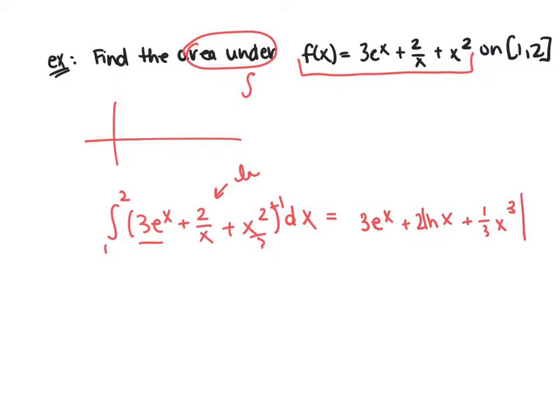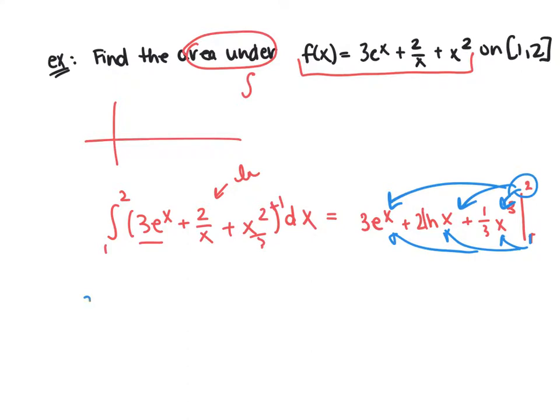And instead of putting plus c, we're going to evaluate this from 1 to 2. We're going to start by taking that value of 2. We will plug in 2 for all of the x's right here. Once we do that, we will plug in our 1, and then we will subtract this. You can see I'm going to have a messy answer here, but it has to be an exact answer, so I'm going to continue with this.